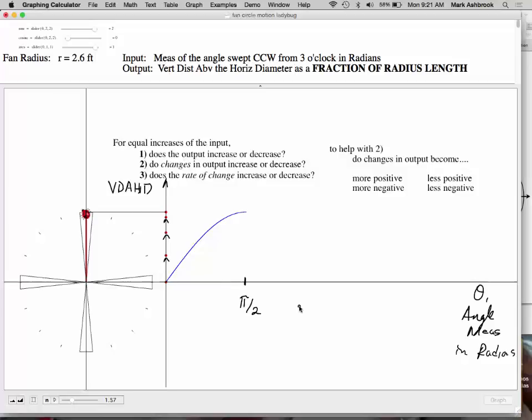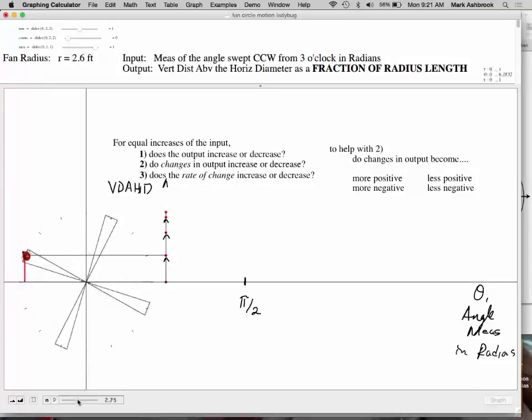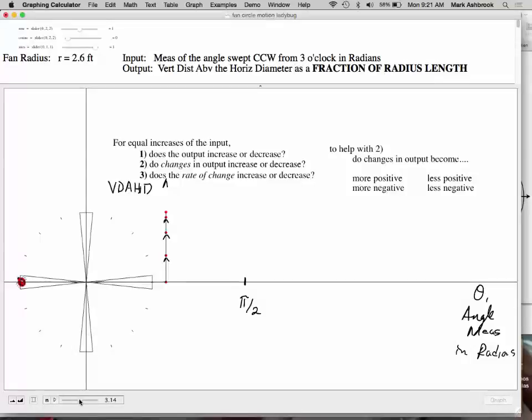Okay, so I want you to go through the same exercise for the second quadrant. I'm going to set it back like this. So now, in the second quadrant, you're going to say, is the vertical distance increasing or decreasing?